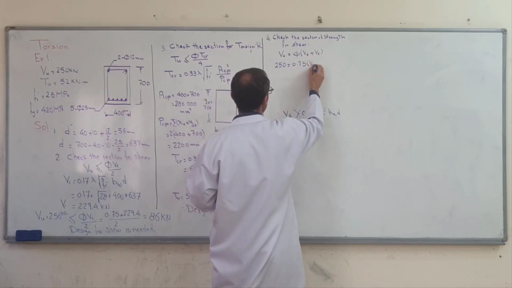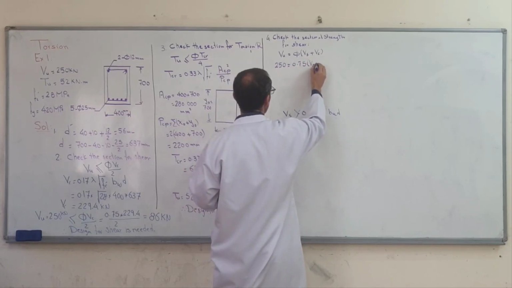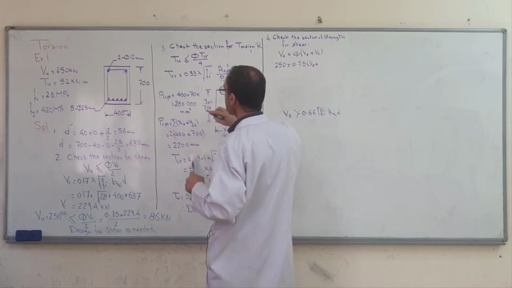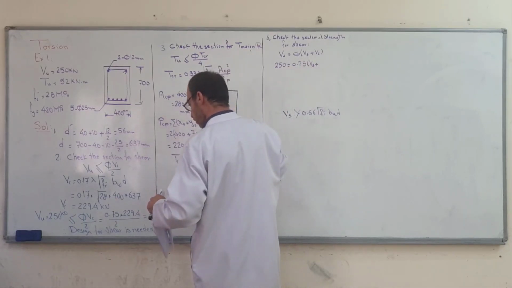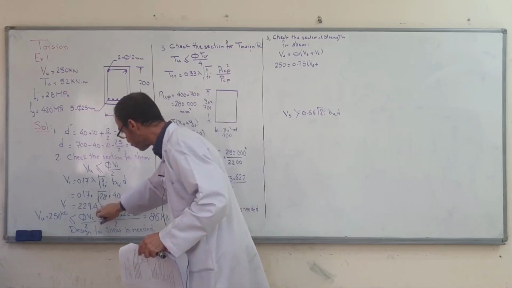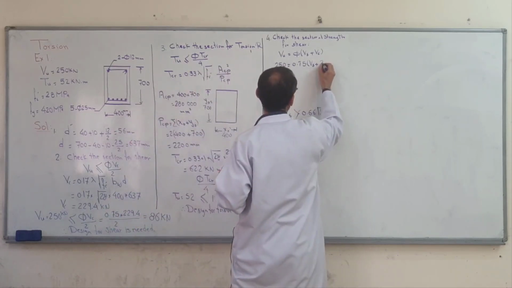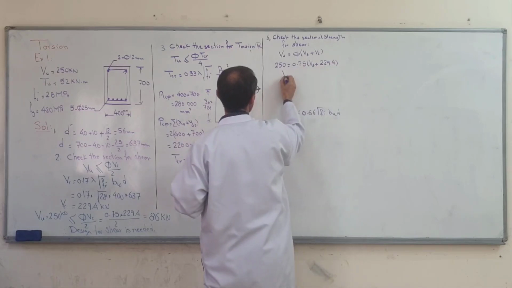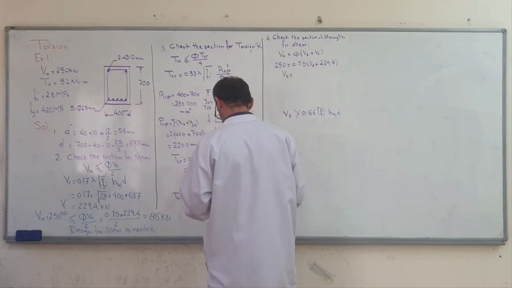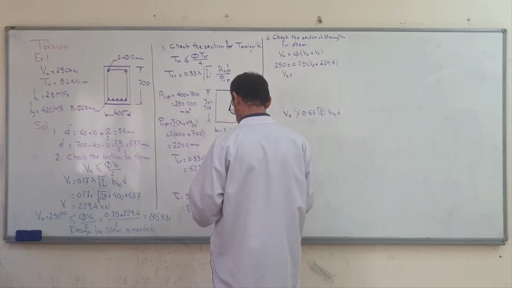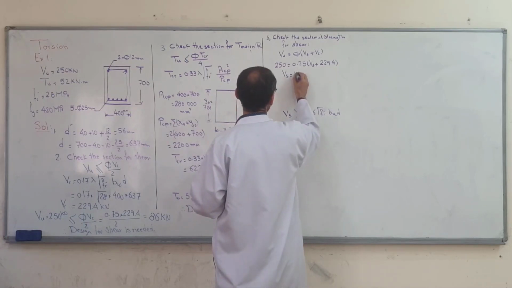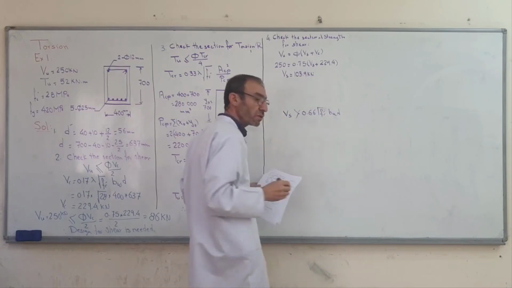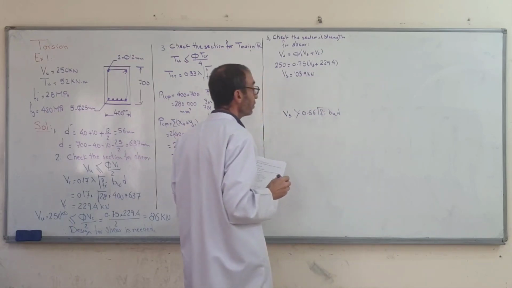Vs is unknown. We found Vc, 209.4. The unknown is Vs, and we found Vs is equal to 103.9 kilonewton.